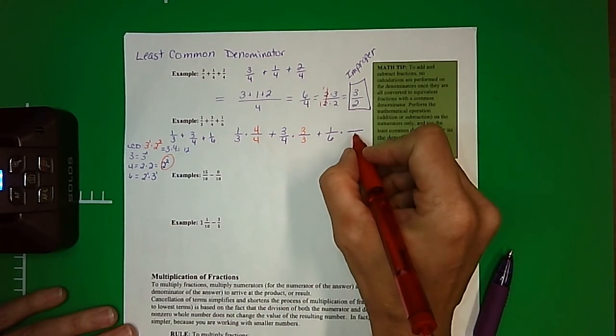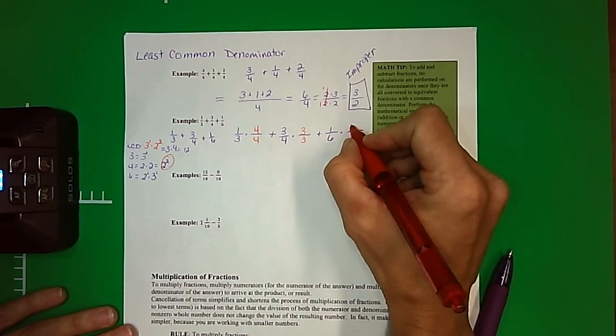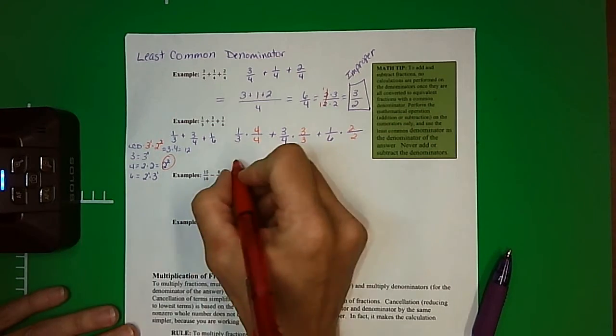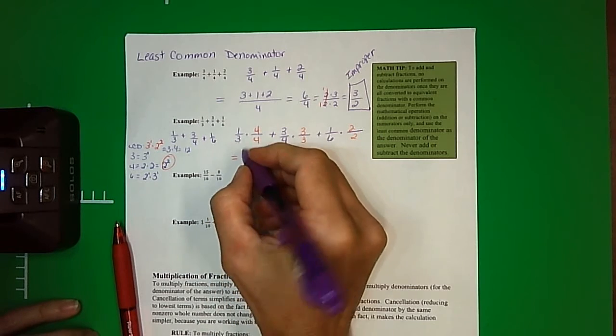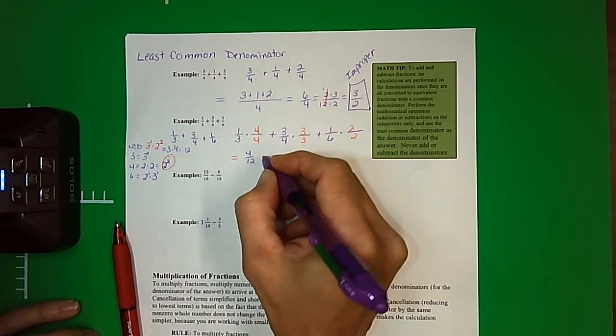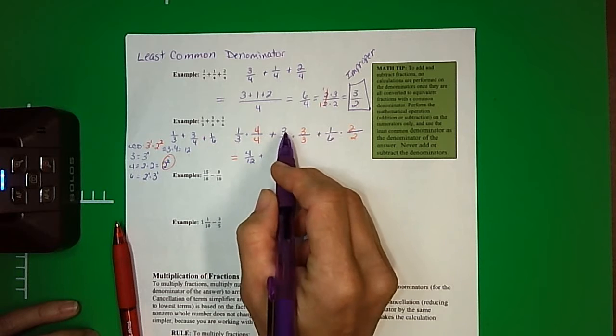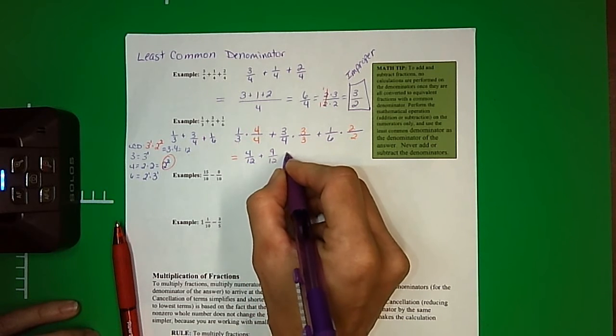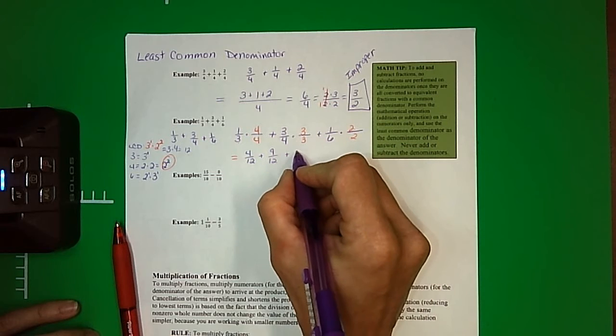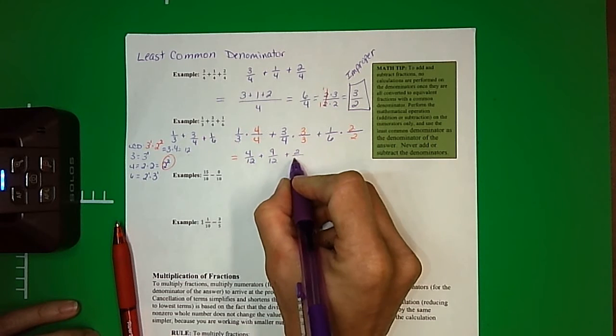And then 6 times 2 gives me 12, and I have to multiply the top by the same thing. So now here I have 1 times 4, which is 4, and 3 times 4 is 12. 3 times 3 is 9, 4 times 3 is 12. 2 times 1 is 2, 6 times 2 is 12.